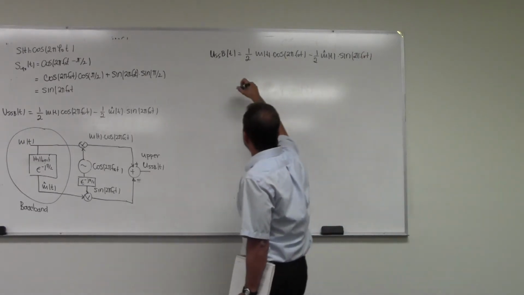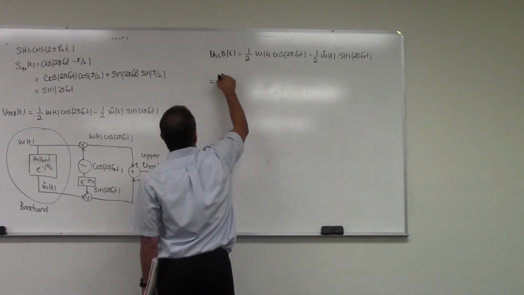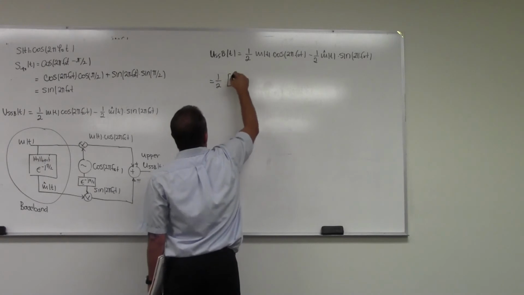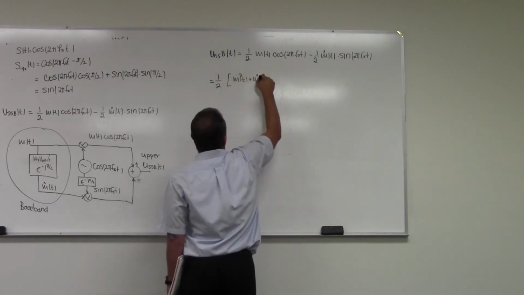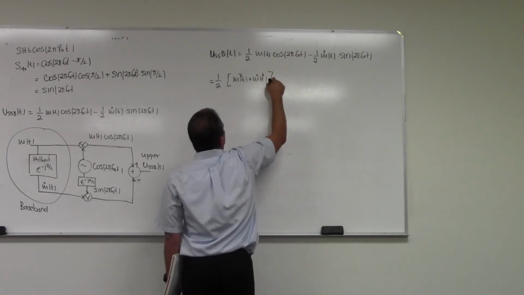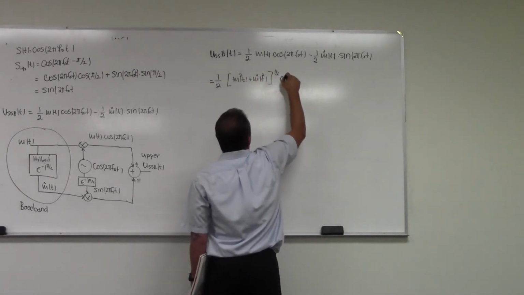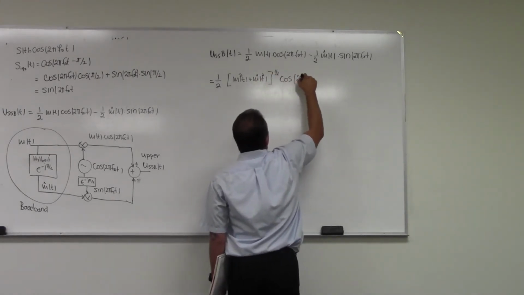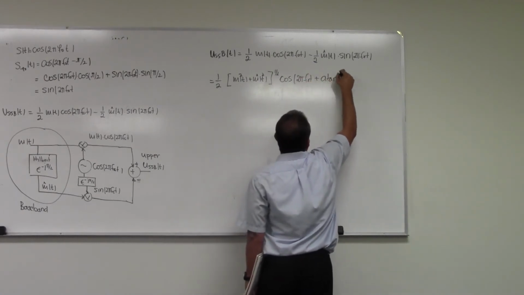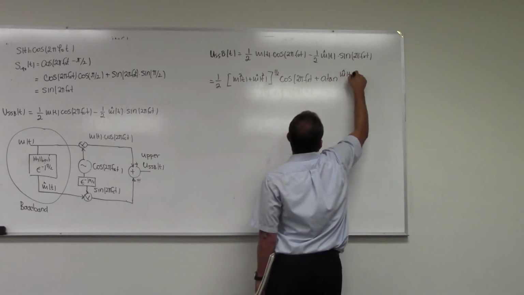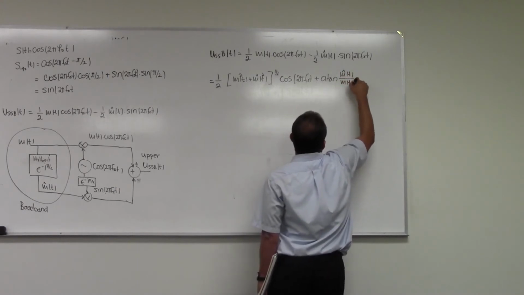Well, I can use the trig identity to rewrite this as 1/2 times the square root of m of t squared plus m hat of t squared, times cosine of 2 pi f0 t plus arctangent of m hat of t divided by m of t.